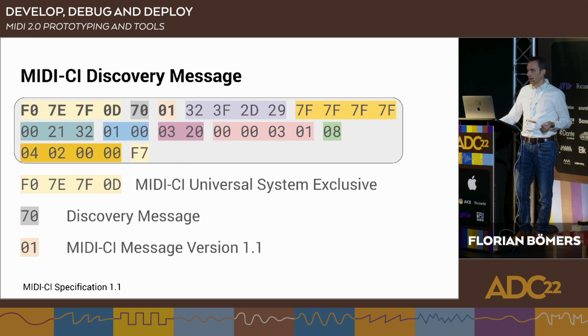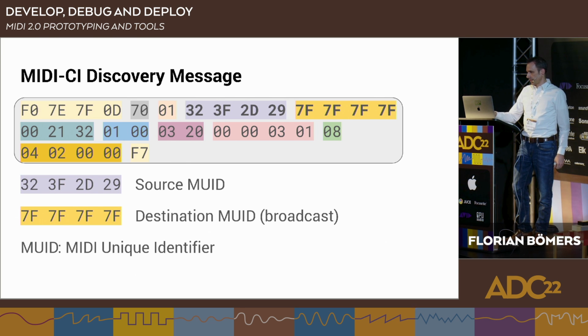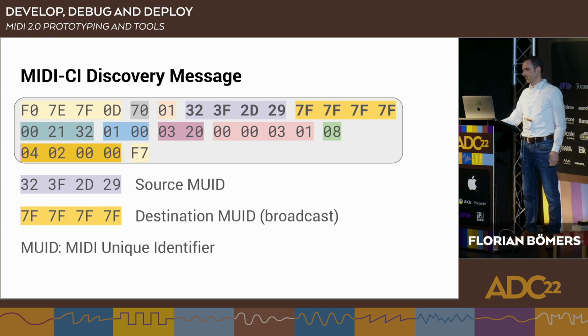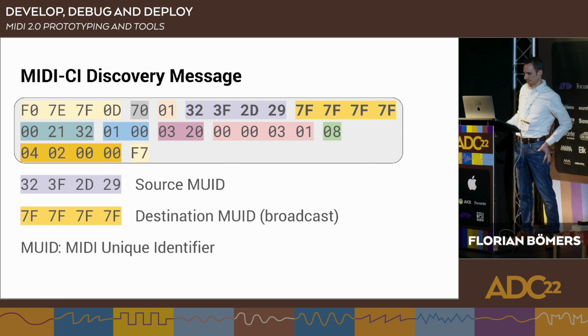This is 01, meaning MIDI-CI message version 1.1. The next section is the source MUID and the destination MUID. In this case, it's the special destination broadcast address 7F, 7F, 7F, 7F.